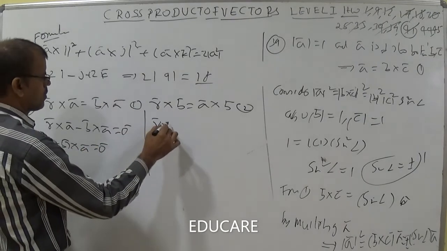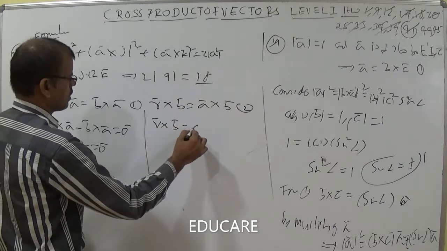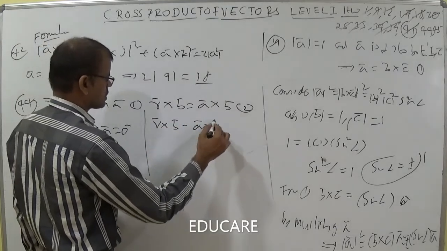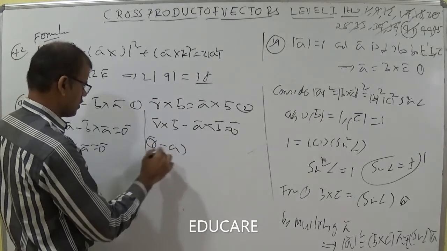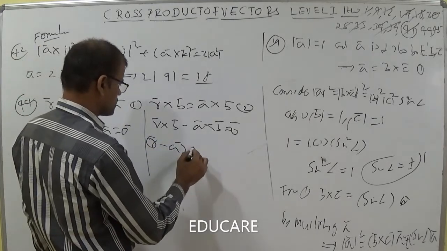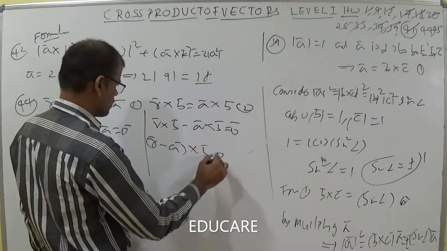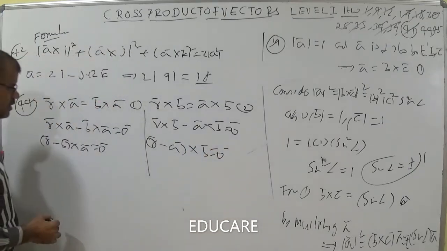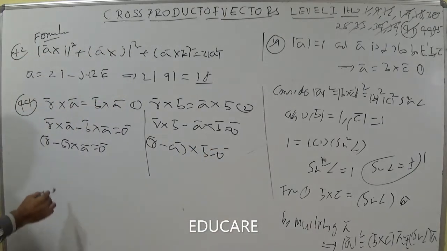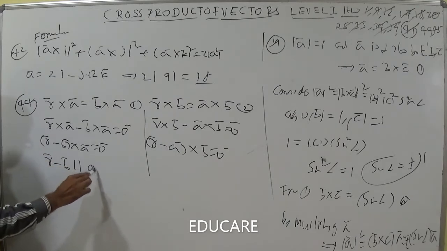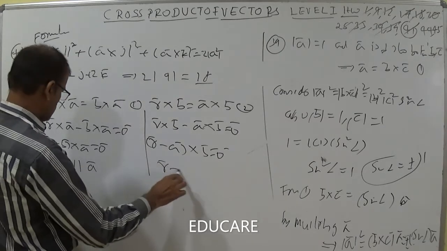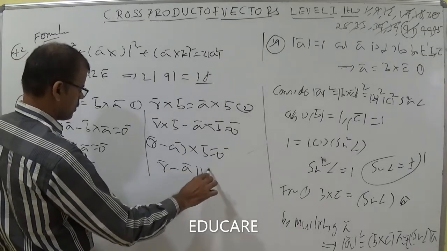Here R bar cross B bar minus A bar cross B bar equal to 0 bar. So R bar taken common, here you can write (R bar minus A bar) cross B bar equal to 0 bar. Here R bar minus B bar is parallel to A, and here R bar minus A bar is parallel to B.